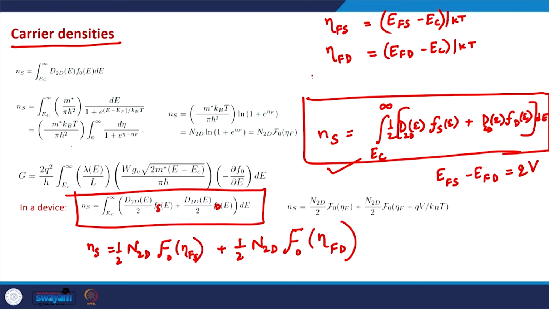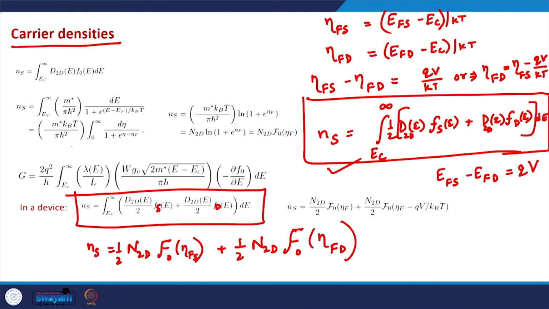So, which means that eta Fs minus eta Fd is QV by kT, or eta Fd is essentially eta Fs minus QV by kT.